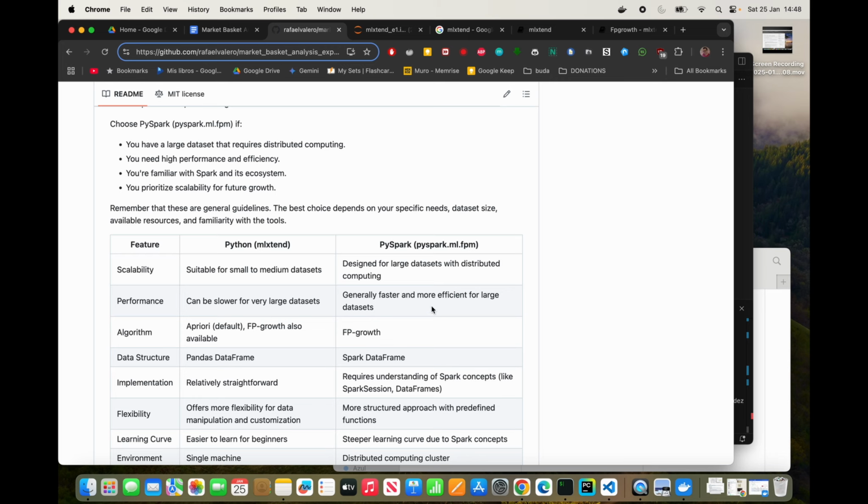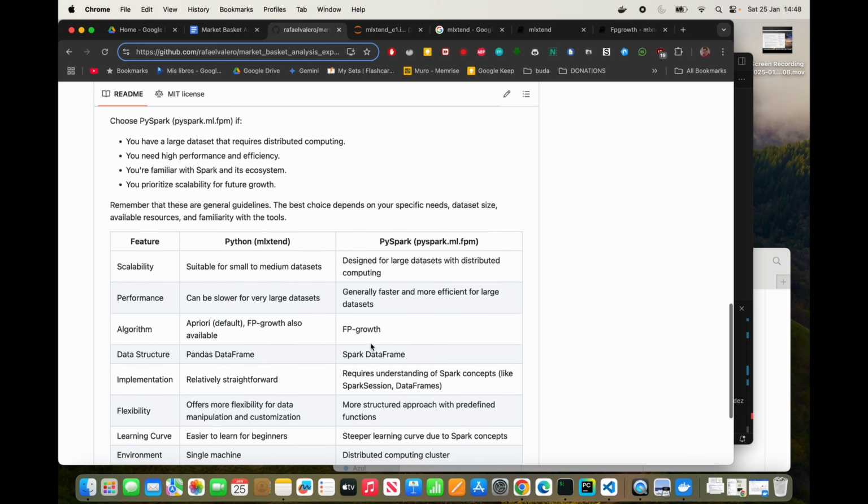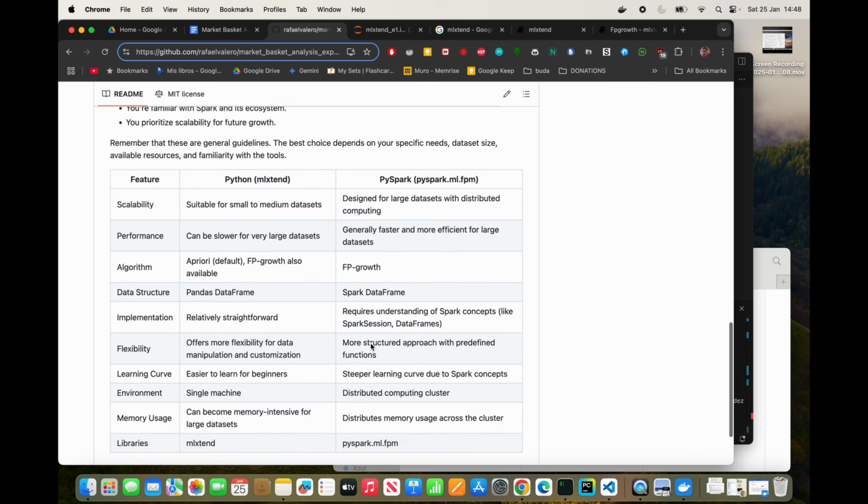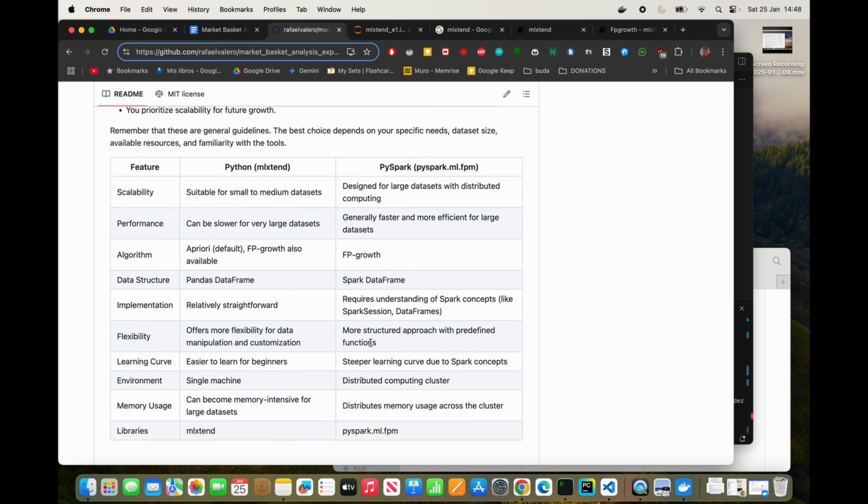For example, the Apriori algorithm is not in Spark, but what I think is really interesting about PySpark is the scalability. When you're using this kind of algorithm, sometimes you analyze real data depending on the period of time, and it could be really large. So I will go to PySpark.